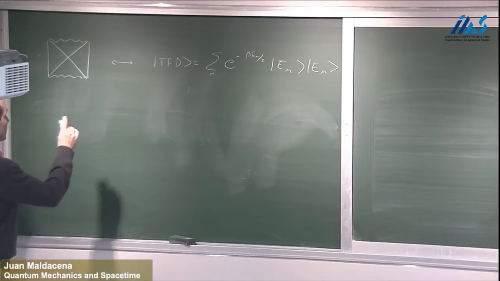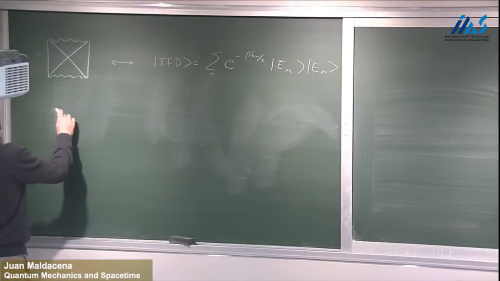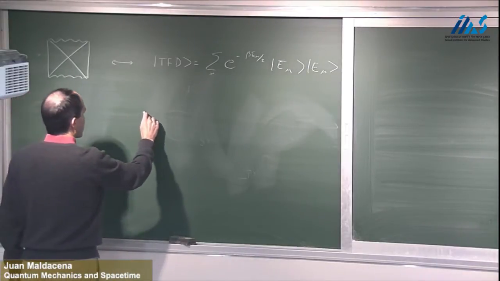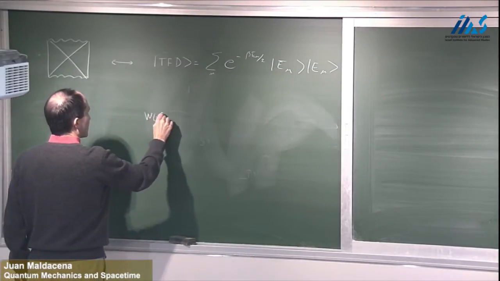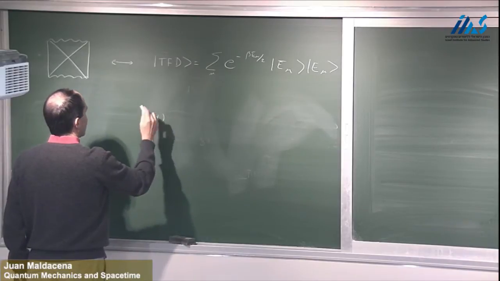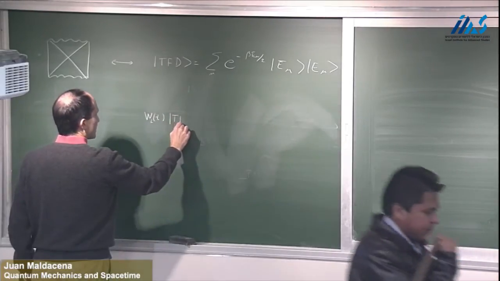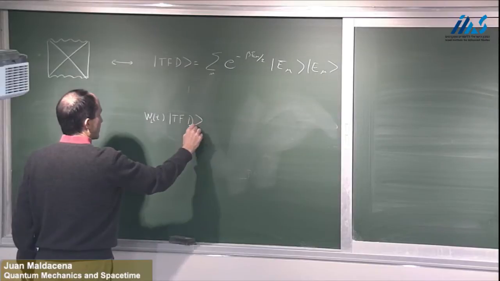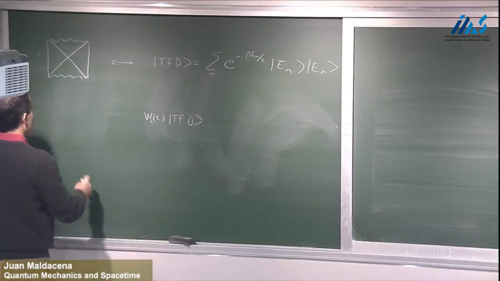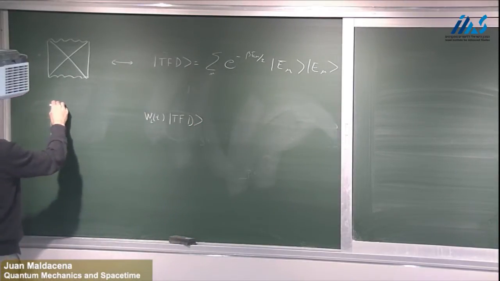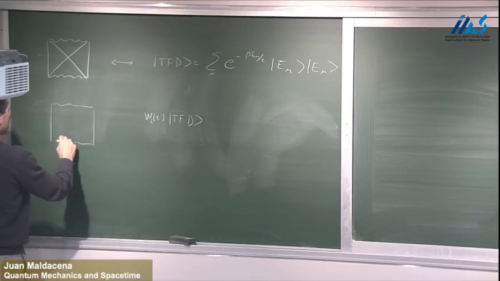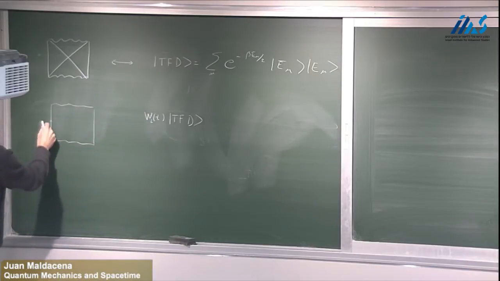What we are going to do is just a small perturbation of this state. We're going to act with an operator, let's say on the left, on this thermofield double state.